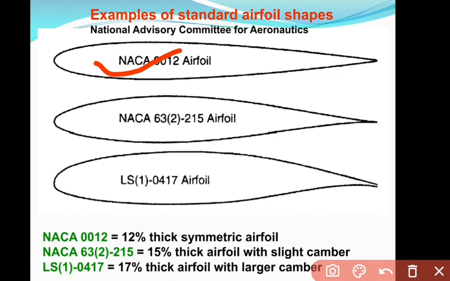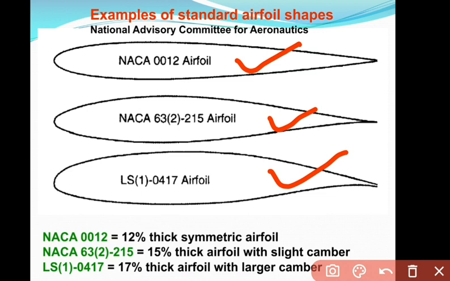All the blades are given a separate code, for example NACA 0012 type aerofoil, NACA 632 215 aerofoil. These are the different names, or specified codes, given to the design of the aerofoil.